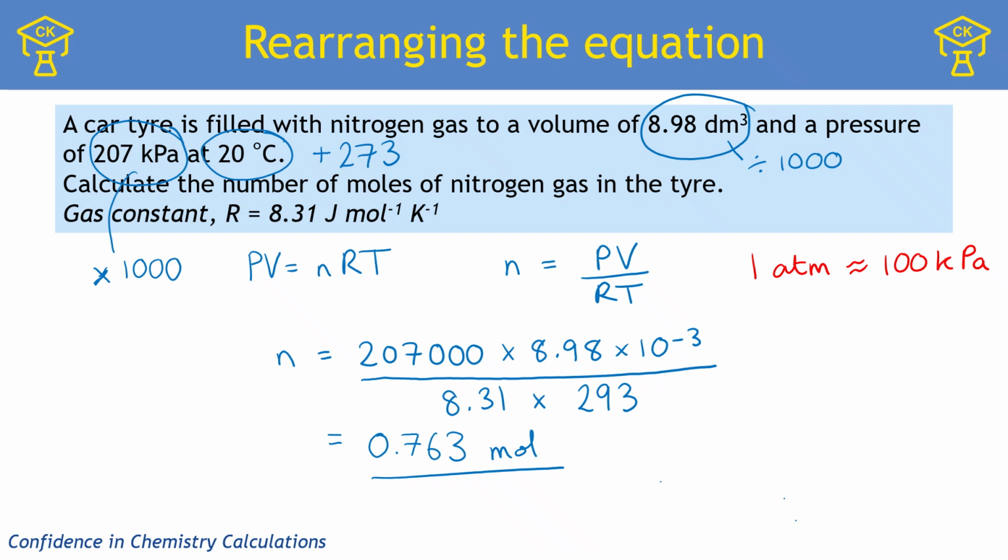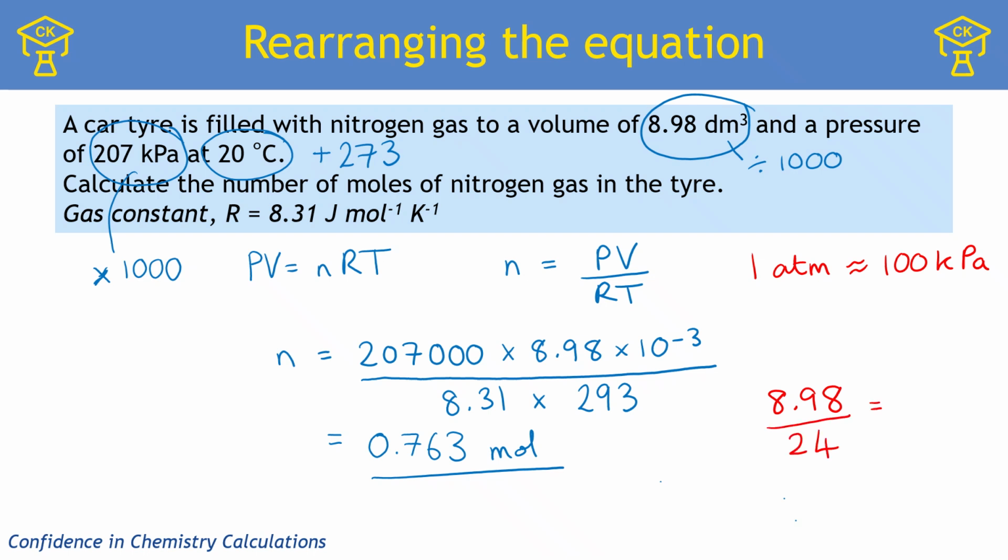Well, it means I can do a really quick check to see if my figure is in the correct ballpark. What I mean by that is I can use my molar volume of 24. So if 8.98 decimeters cubed of gas was measured at room temperature and pressure, then we would calculate moles by simply doing that over 24.